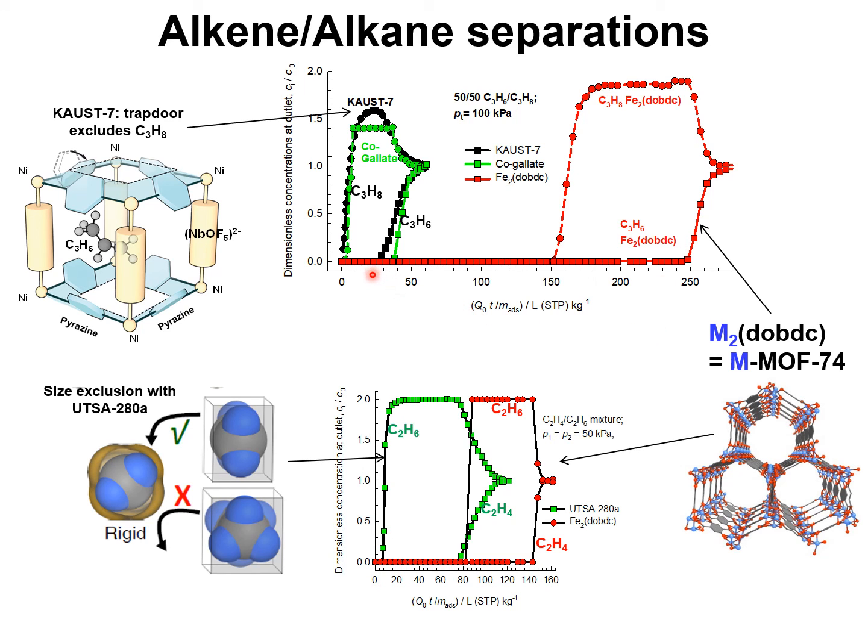So the objective in MOF development could be to devise a MOF that excludes propane but has a significant uptake, in any case higher uptake than CAU-ST 7 and cobalt gallate, for the unsaturated alkene.